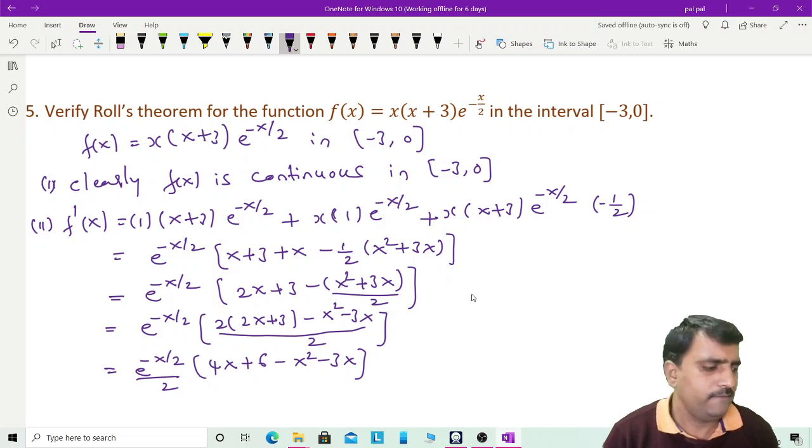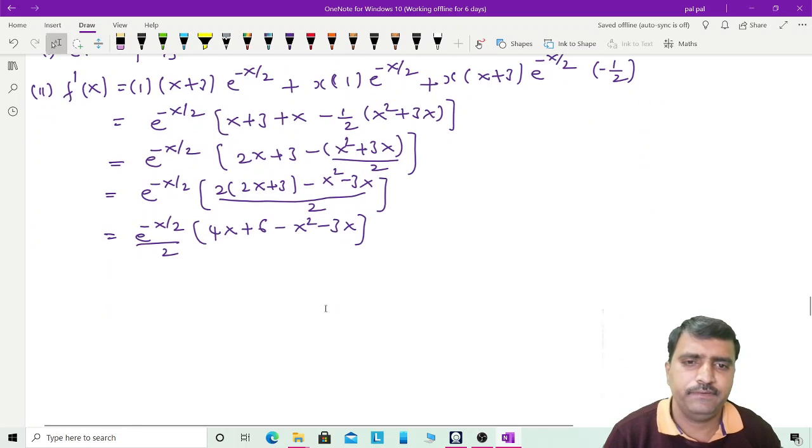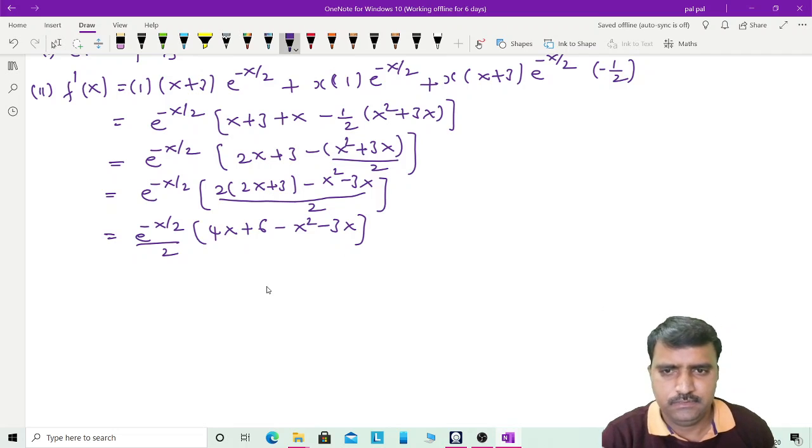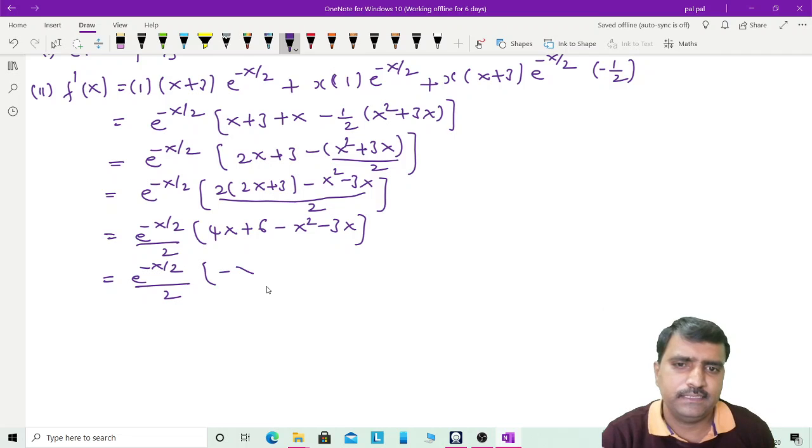Simplifying this again, in the previous problems f dash of x was coming easily, here it is a little difficult, so we have to solve it. Which is equal to e to the minus x by 2 as it is by 2 into, as here you write, it is minus x square minus 3x plus 4x is plus x plus 6.